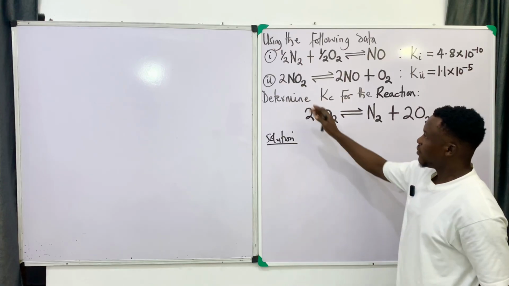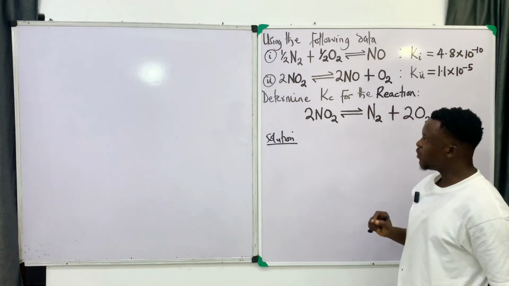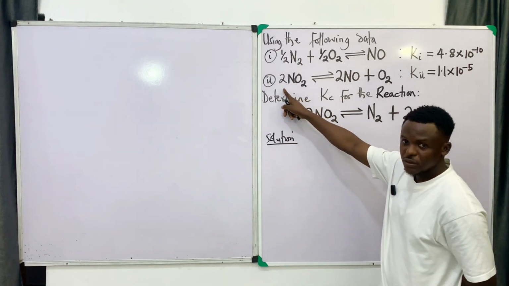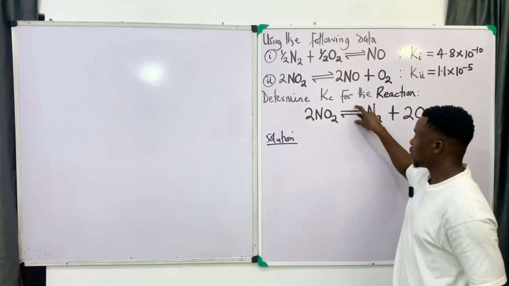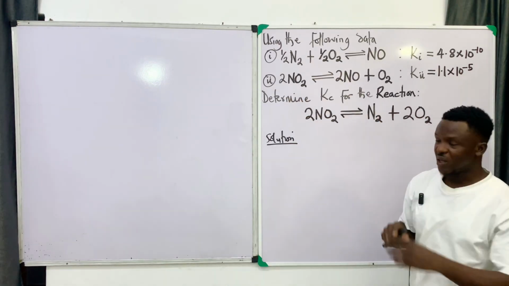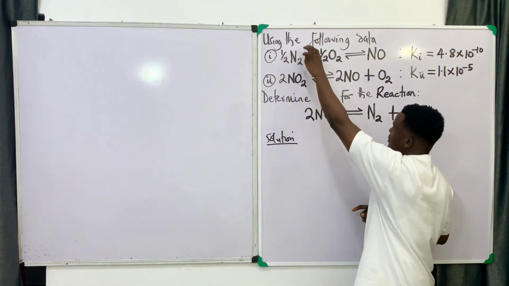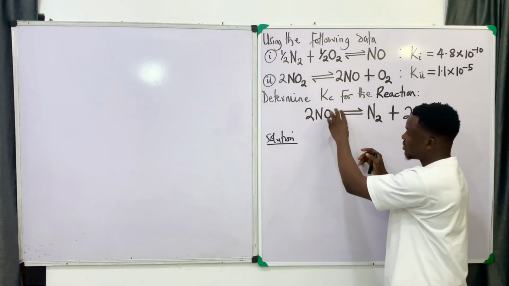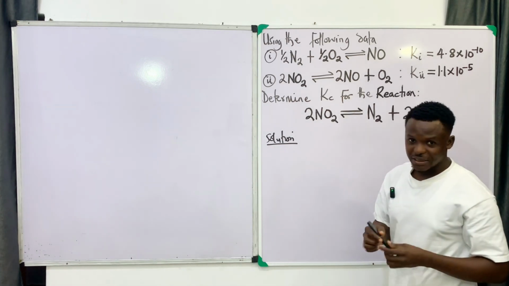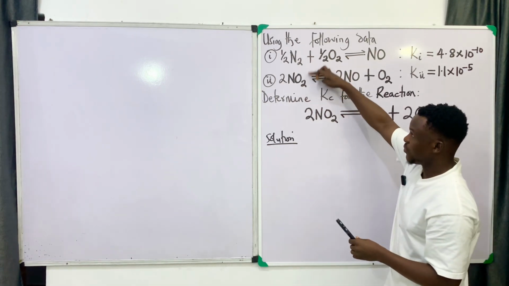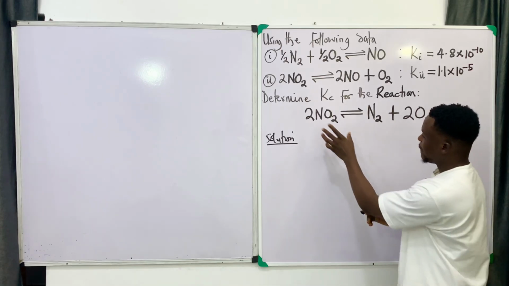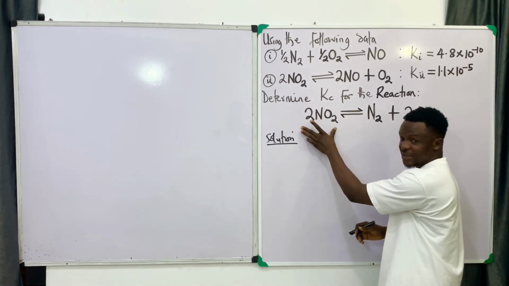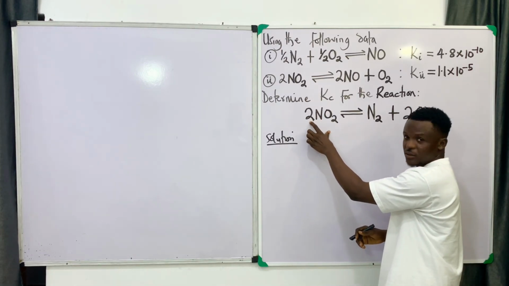The NO2 that is present here is 2 moles, and in the overall equation, the NO2 is also 2 moles. Remember, our aim is to make sure that these individual equations look like the overall equation. So we are using this overall equation as a reference, or as a basis upon which we are going to rearrange these. First, this NO2 is on the reactant side and 2 moles.